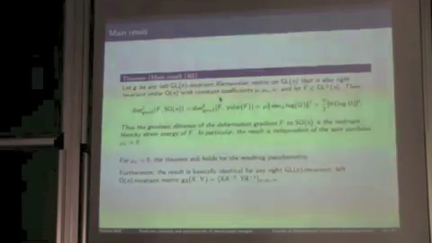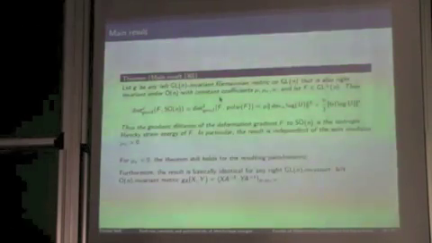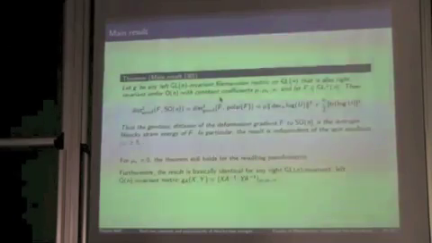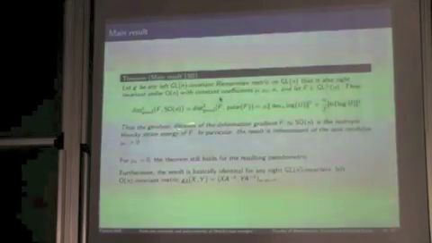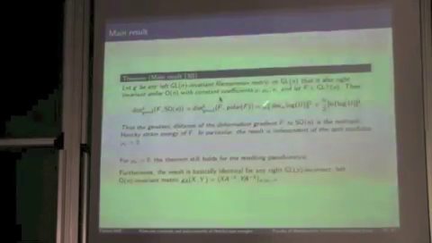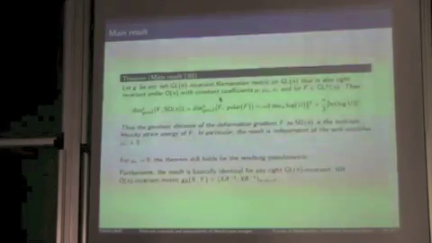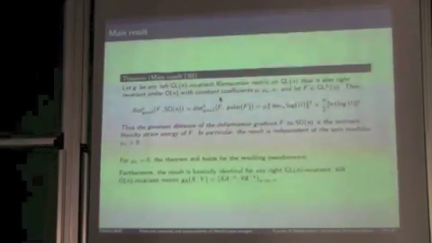And the result, the geodesic distance of the deformation gradient to SO(3) in the group of invertible matrices, is nothing else but this energy, Hencky's energy. No choice, no assumption, practically no assumption.